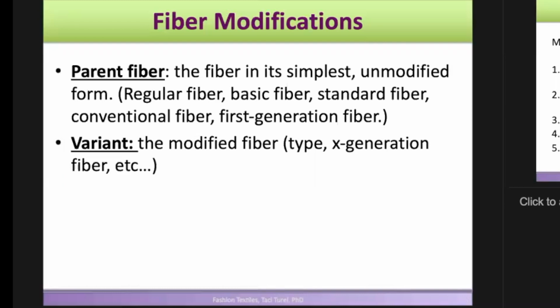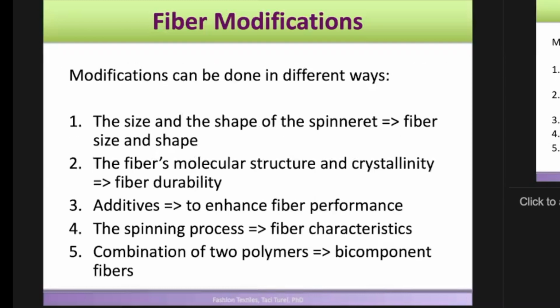When you have a polyester fiber, for example, and you want to create different variations of it, polyester would be your parent fiber, and then you create different variants of that fiber. If you want to change the size or change the shape of the spinneret, you will get different fiber sizes and fiber shapes. If you change the molecular structure or crystallinity, then you can change the durability of the fiber, you can change the tensile strength of the fiber.